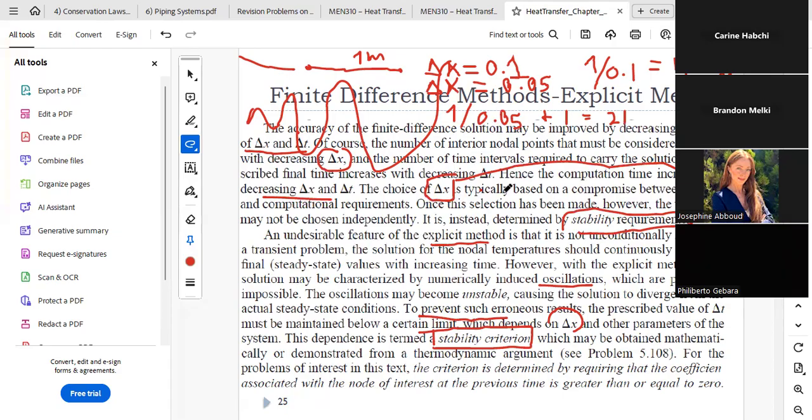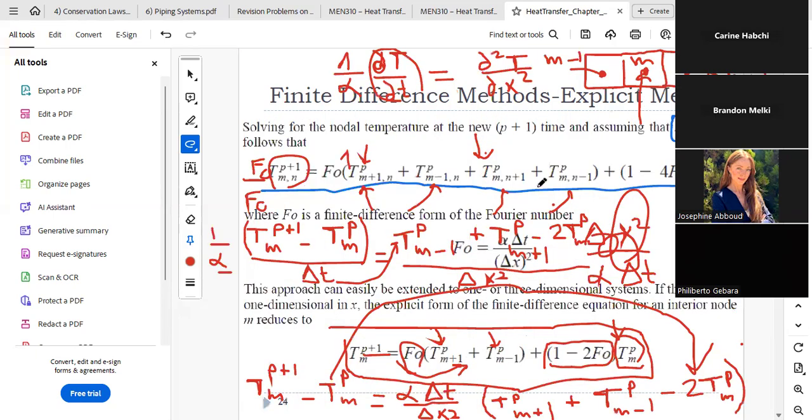After doing analysis, we have demonstrated that the criterion in the explicit method is determined by requiring that the coefficient associated with the node of interest in the previous equation is always greater than or equal to zero. We demonstrated numerically that this equation will give stable results and will not lead to divergence if all coefficients are positive in this equation.